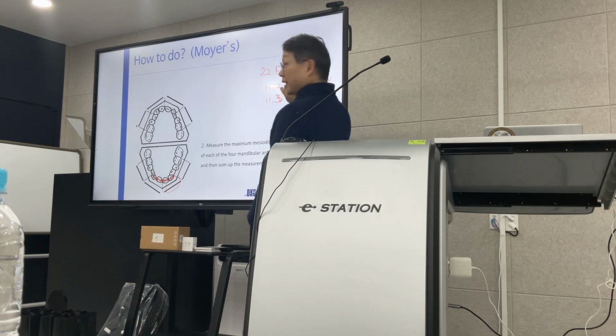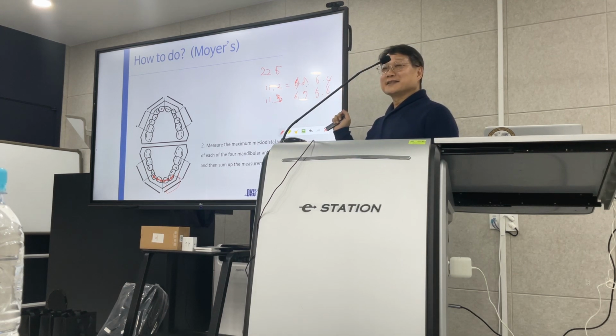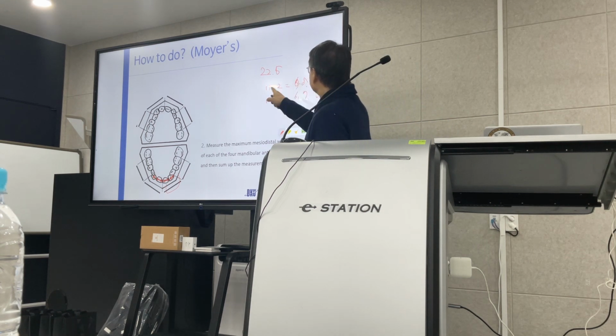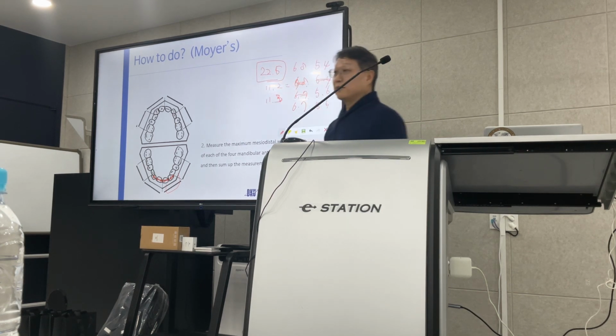It means 6, right? Is it correct? Changing for incisor: 6.8, 5.4, 6.7, 5.6. Then the total is 22.5, right?